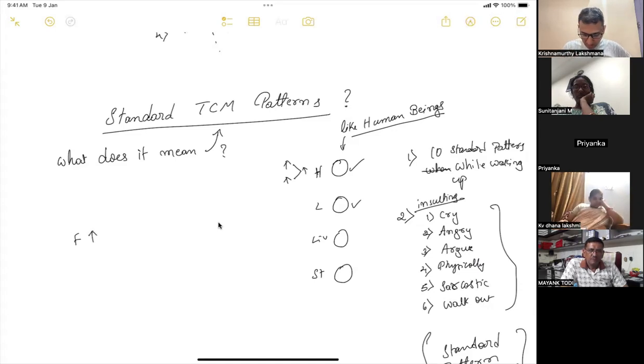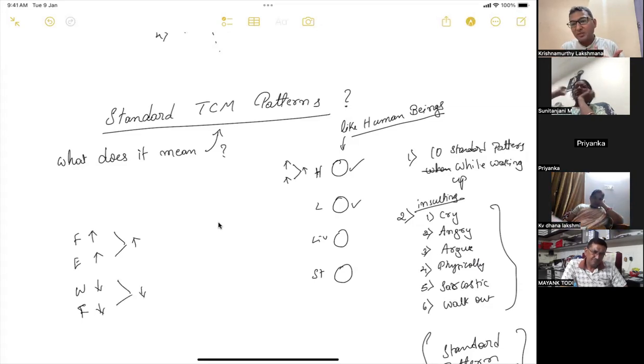If earth increases in the heart, it will behave in another way. If both fire and earth increase, it will behave in another way. If water reduces, it will behave in one way. If fire reduces, it will behave in one way. If both fire and water reduce, it will behave in one way. So these are the standard protocols.